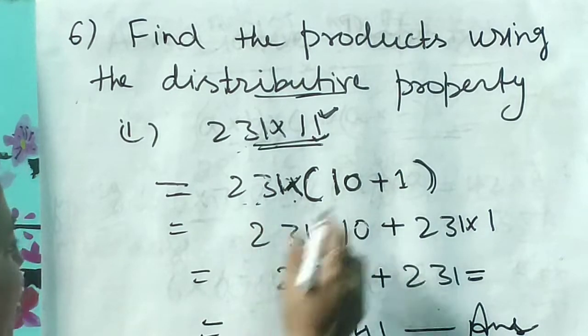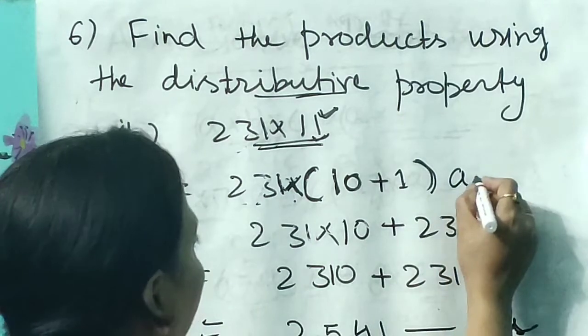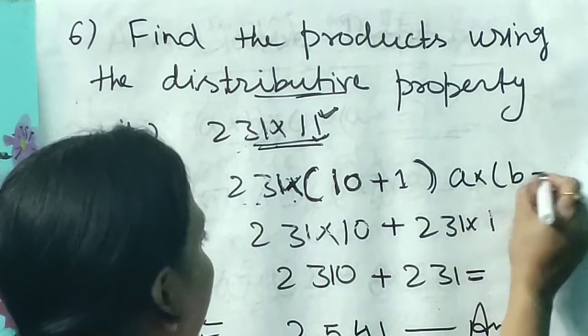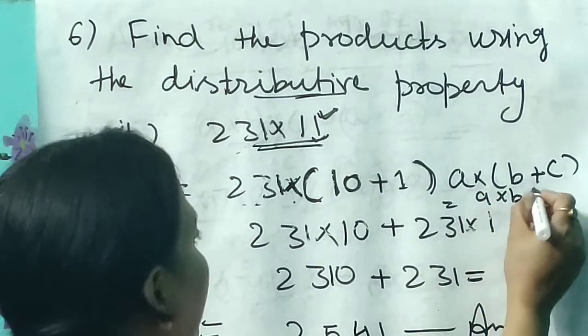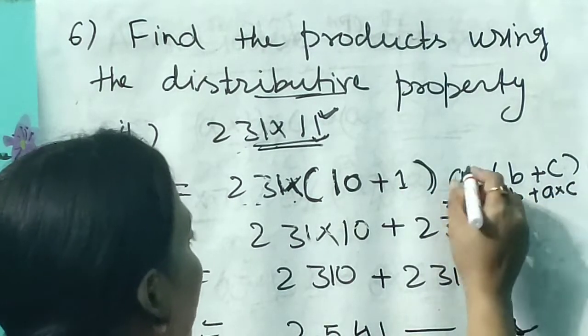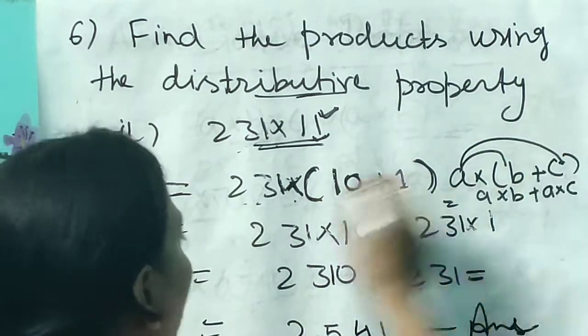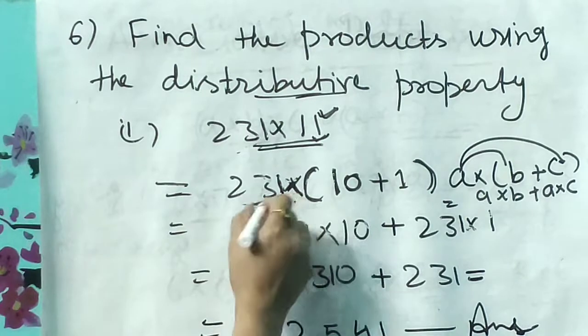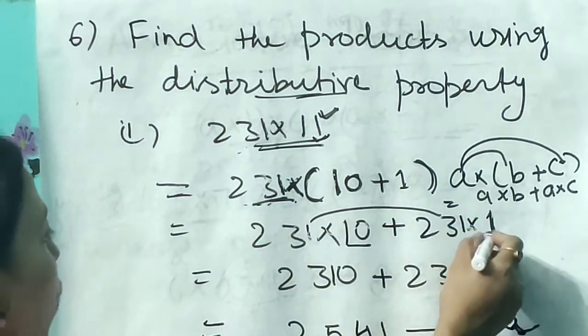And now we will use the distributive law. What is the distributive law? A into B plus C is equal to A into B plus A into C. It means A will multiply with B and A is multiplied with C also. So here this 231 will be multiplied with 10 and this 231 we will multiply with 1 also.